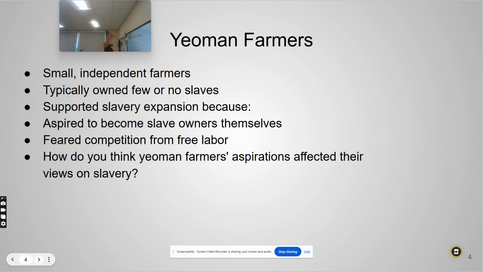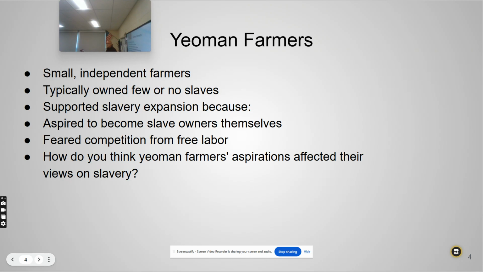A lot in the same way that America today, Americans who are born of simple means work and save and scrimp and plan and bust their humps. Why? Because eventually Americans want to be able to say that they've accomplished homeownership. They've accomplished being able to get married, being able to go to college.